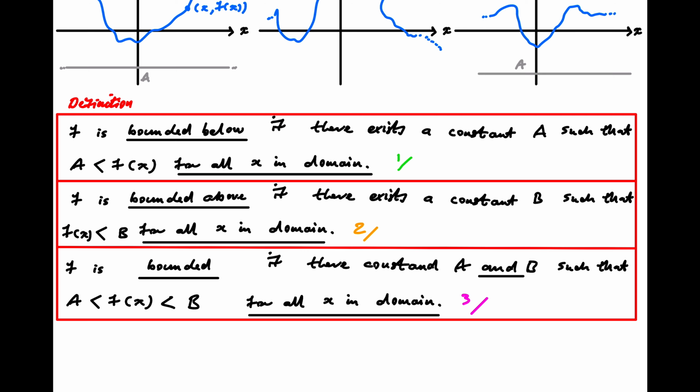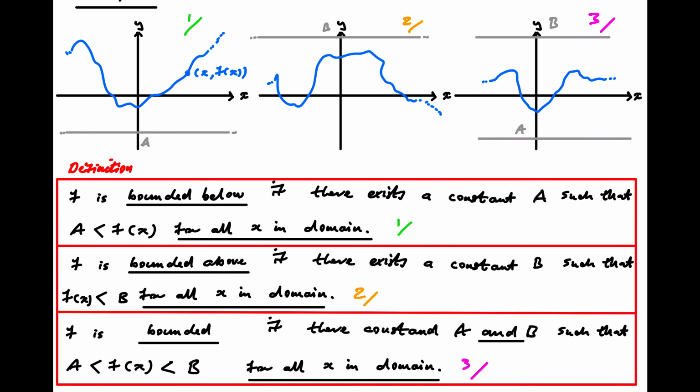So first one, bounded below. That's the first picture. That means intuitively there is some horizontal line which you never cross underneath. Formally, it's a statement there is some number A such that A is strictly less than f of x for every single x in the domain. Bounded above, the same thing, but the inequality is reversed because you don't cross it above.